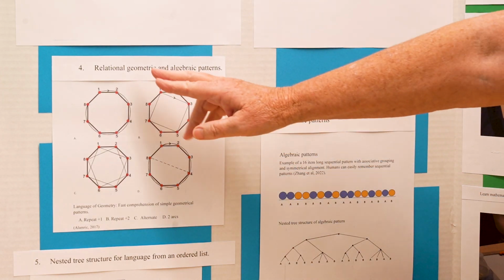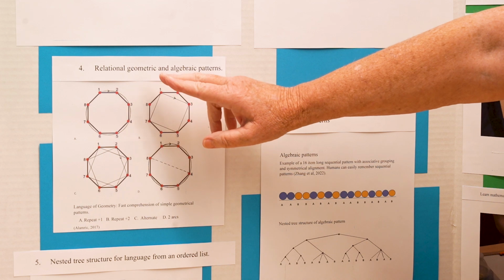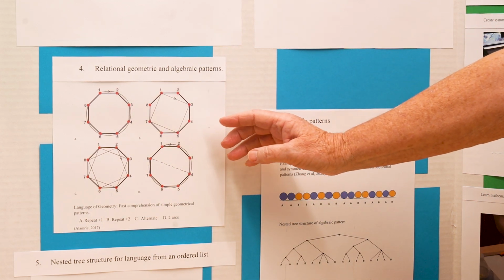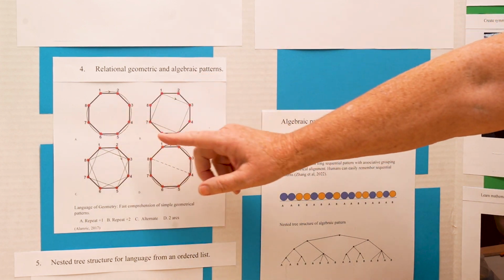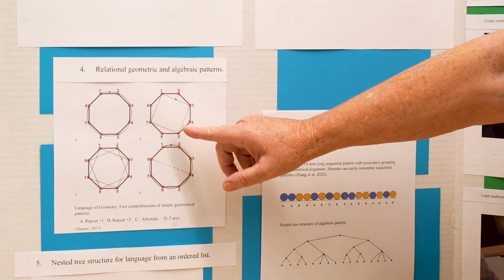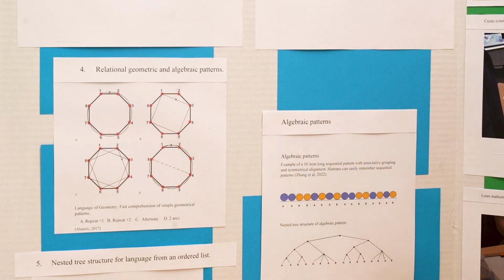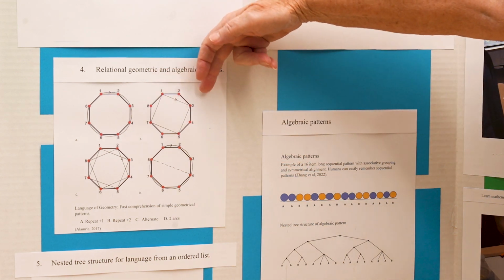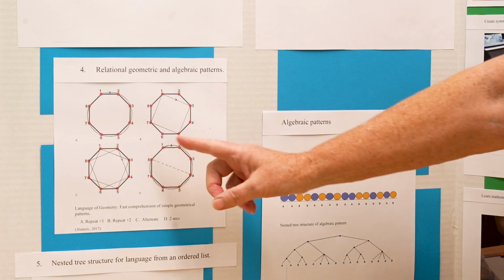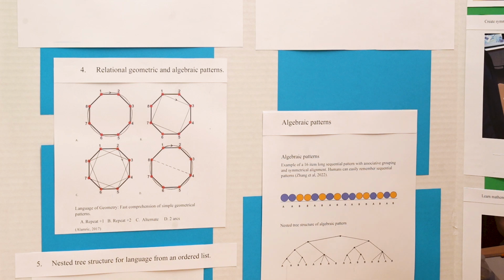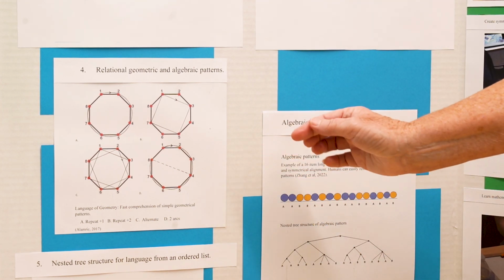So for the 4th definition, we have relational geometrics. And this visual image is showing us an octagon as a base with the 8 vertices that it has. If we are to create a square within that octagon at the vertex of 1, 3, 5, and 7, and then lay a second square on top of that in the alternating vertices, then that particular patterning is actually predictable.